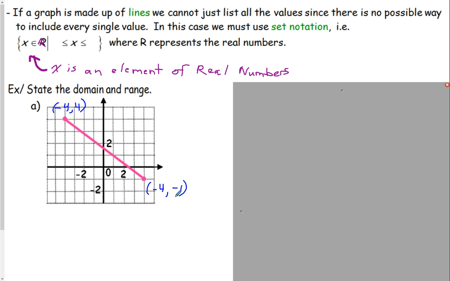And I want to include the endpoints. So if I'm going to write my domain, I'm writing all the possible X values in between the two ends of this thing. So I'm going to start by saying X is an element of real numbers.